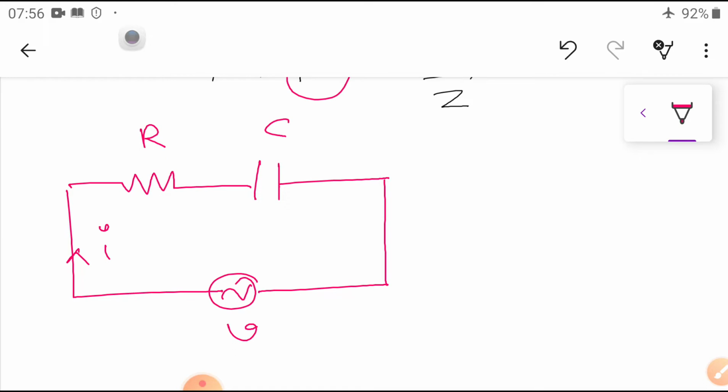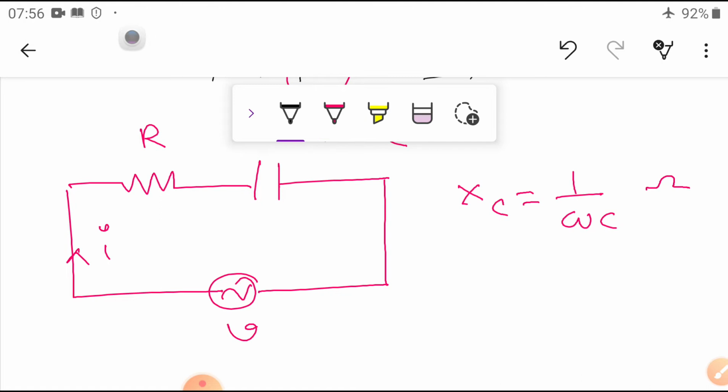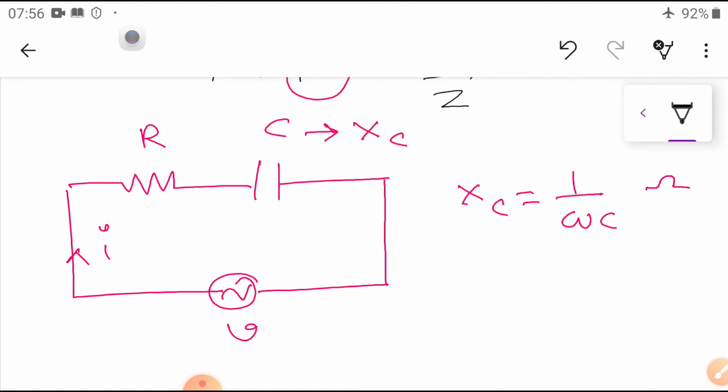Okay, so if C is given, you have to convert it to XC. XC is equal to 1 by omega C. So if you multiply this value, you get the ohmic value. If you know the ohmic value, then I can calculate its impedance.